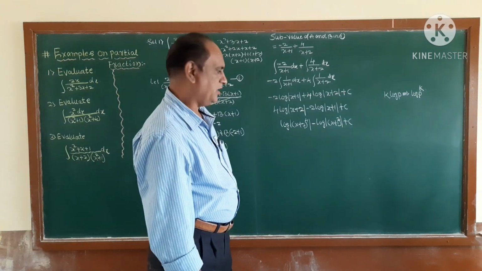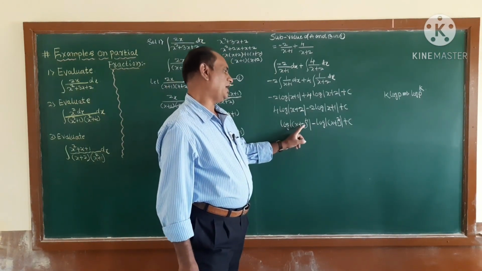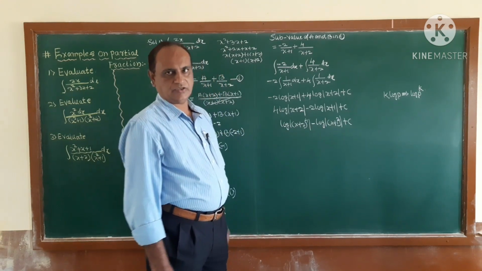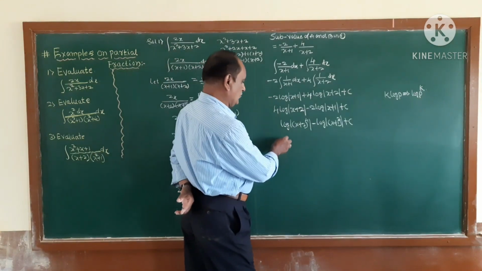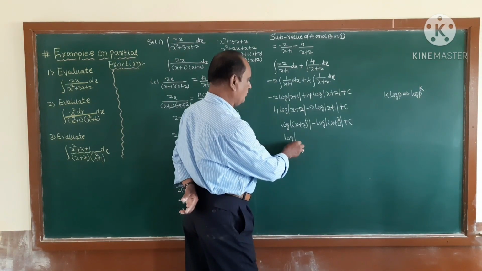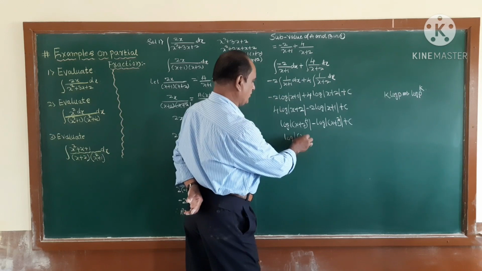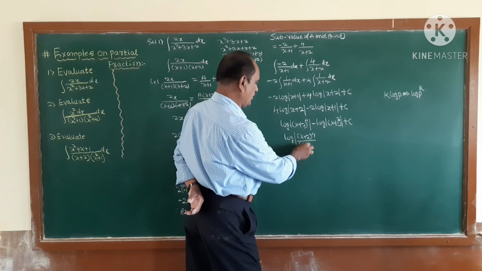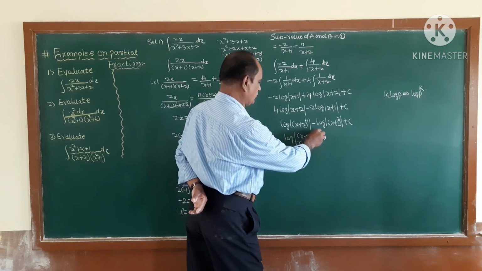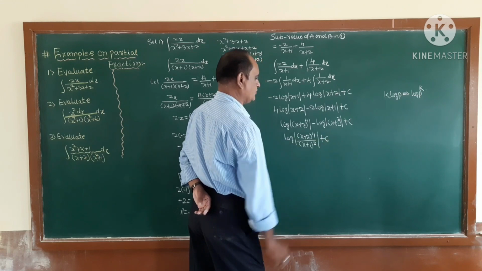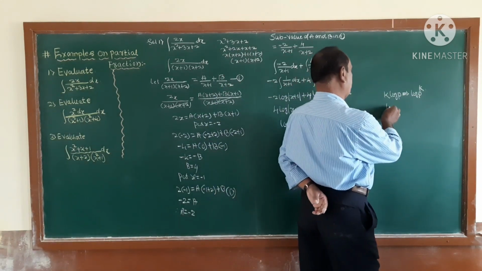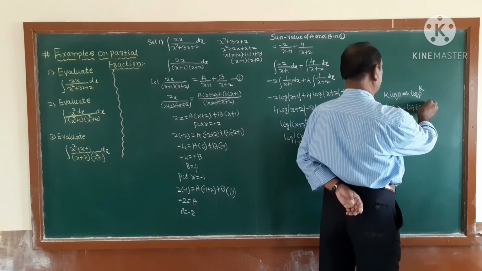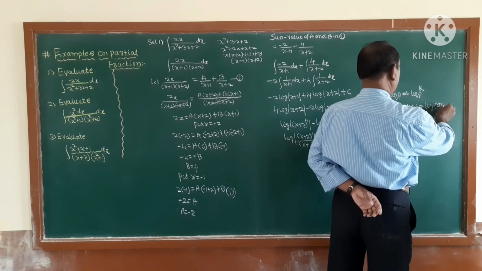Again apply the logarithm property: log a minus log b is log of a by b. So we get log of |x + 2|^4 divided by (x + 1)^2, plus the constant C. You know that log a minus log b is equal to log of a divided by b.